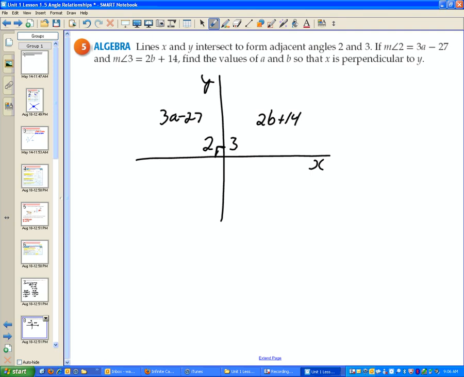So, they both have to equal 90, don't they? Since the lines have to be perpendicular, the angles have to be right angles. If the angles are right angles, their measures are 90. If the measure of each angle is 90, 3a minus 27 equals 90, and 2b plus 14 equals 90. All that seem logical to you? All right, solve both those, see what you get.